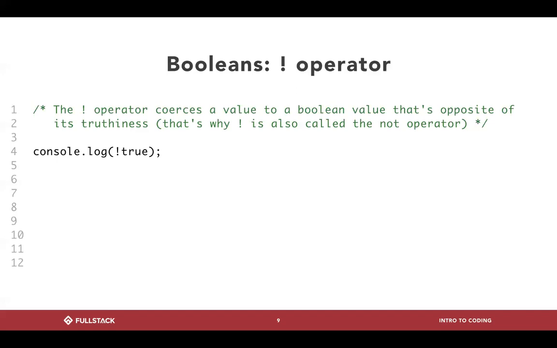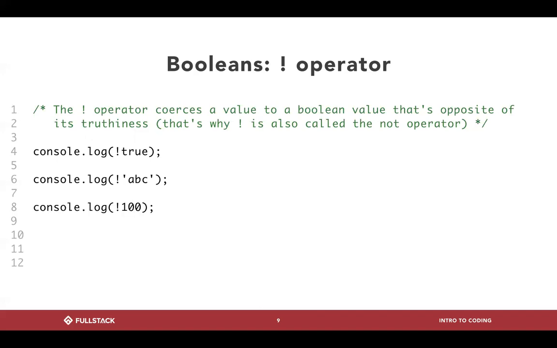The opposite of true is false, so this will log out false. Then we have not ABC. ABC, as we know, is a truthy value. So if we try to coerce it into a Boolean, it will be true. But with that not operator there, it's going to change it into the opposite of its truthiness. It's going to change it to false. So this will also log out false.